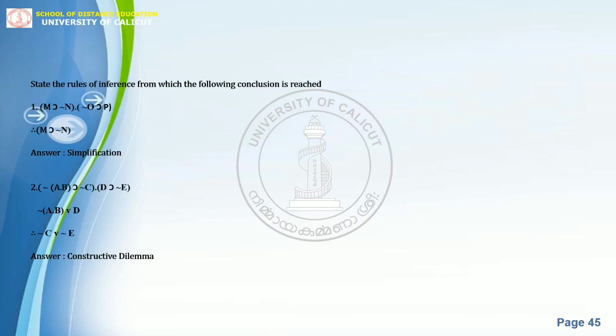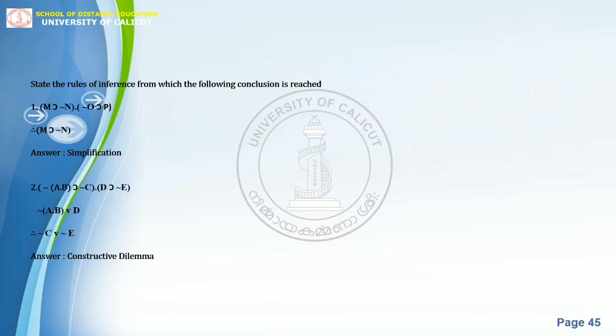Now there is a problem given over here: M implication negation N conjunction negation O implication P. Therefore M implication negation N. So the premise is the first one, M implication negation N conjunction negation O implication P. How can we derive M implication negation N?